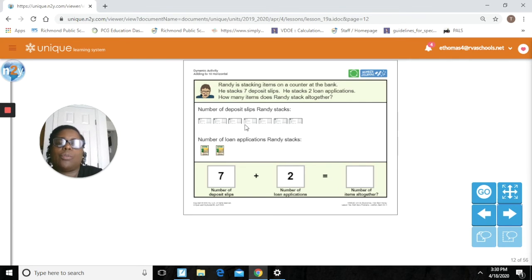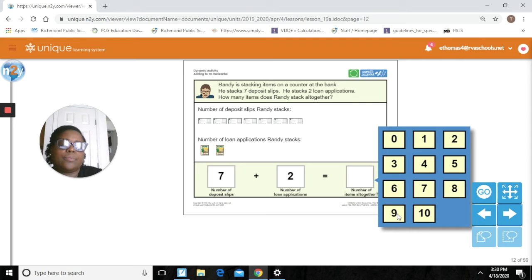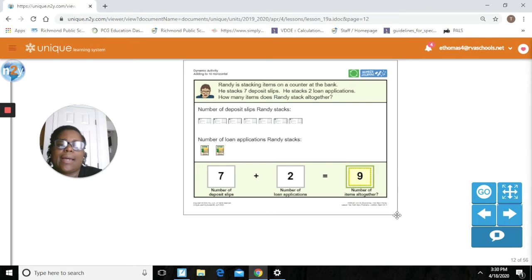So I'm going to count on my screen, and you count your counters. 1, 2, 3, 4, 5, 6, 7, 8, 9. And our answer is 9. So let's read our addition sentence. 7 plus 2 equals 9. Okay, let's go to our next problem.